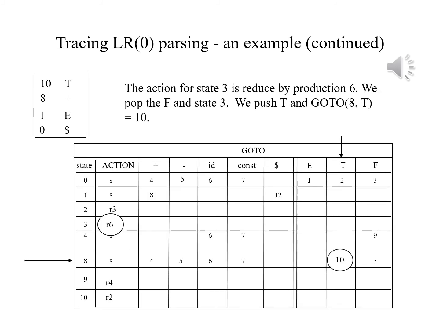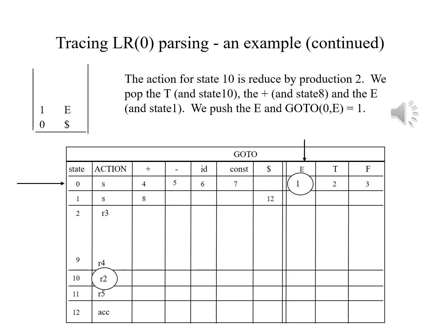The action for state 3 is reduce by production 6. T derives F. We'll pop the F as well as state 3. We'll push T together with the goto of state 8 and T, which is state 10. The action for state 10 is reduce by production 2.